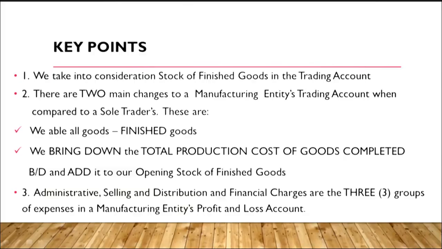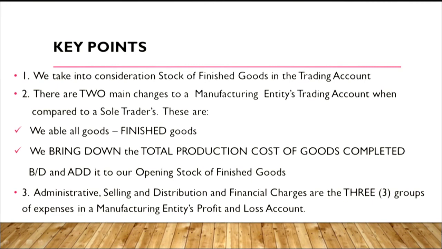We're going to further wrap up by focusing on our key points. Key point number 1 emanating out of today's lesson, students, is we take into consideration our stock of finished goods in the trading account. Make sure you have your pen and your paper writing down. 2, there are 2 main changes to a manufacturing entity's trading account when compared to a sole trader's.